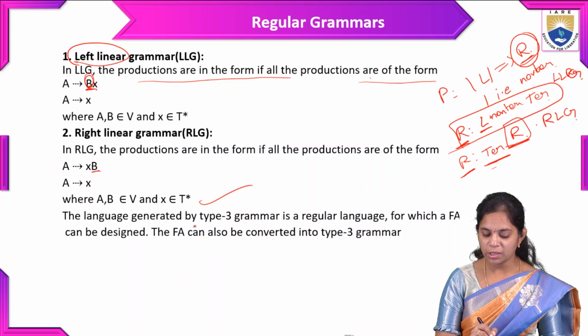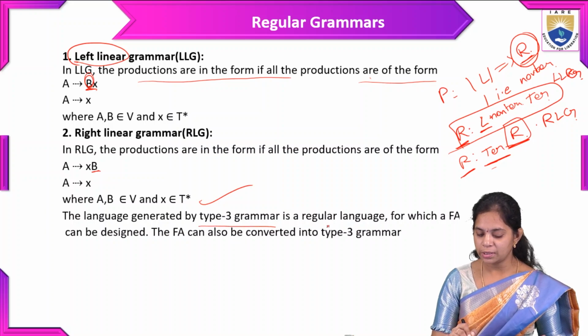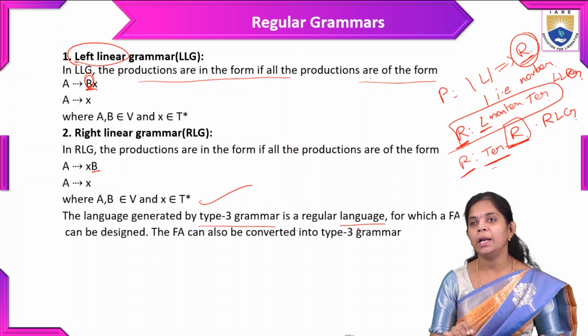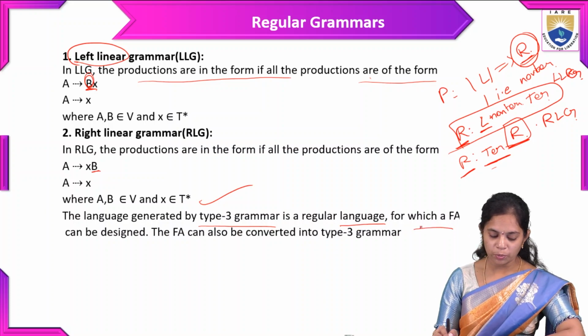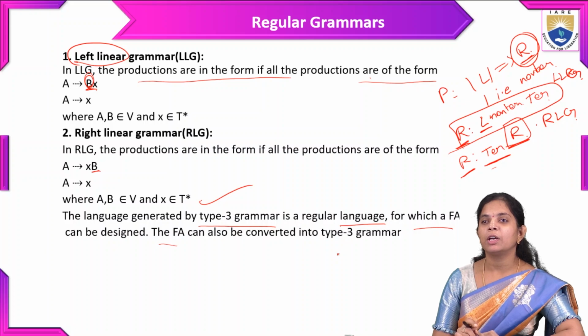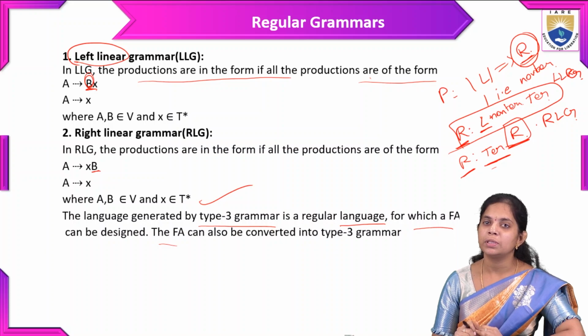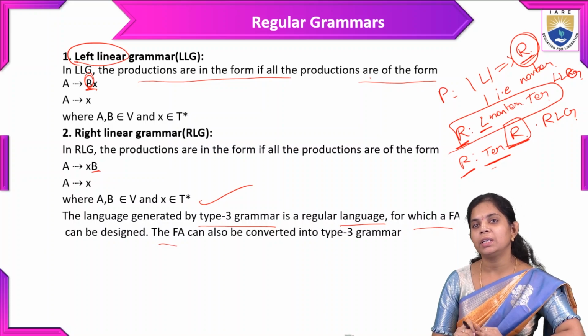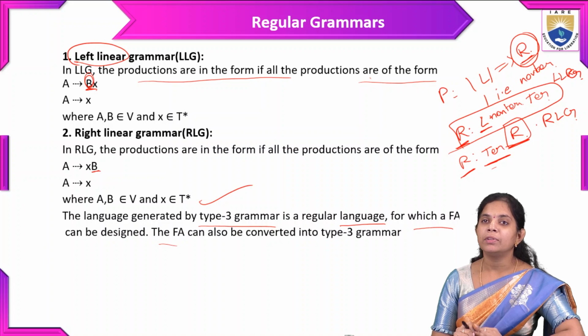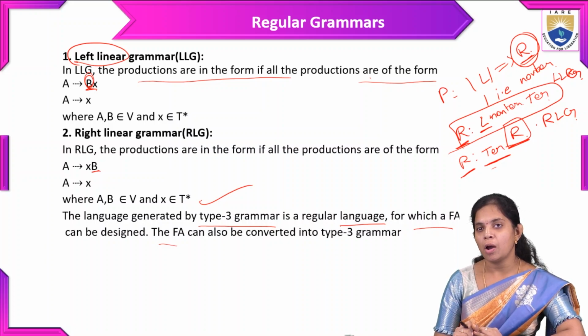The language generated by a type 3 grammar is a regular language, and a finite automata can be designed for it, and a finite automata can be converted into a type 3 grammar. So here we are discussing the regular grammar. This regular grammar will generate the regular languages, and we can convert that to a finite automata.